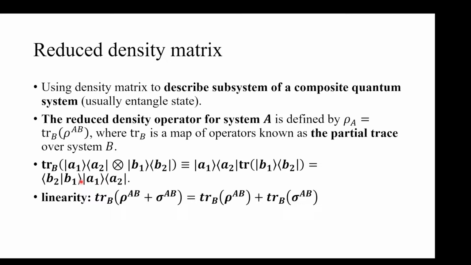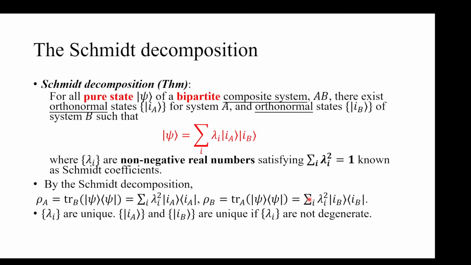But this is only defined on a matrix on A tensor a matrix on B. If you have a more complicated matrix, then you can calculate it by linearity: trace_B of (rho_AB plus sigma_AB) equals trace_B of rho_AB plus trace_B of sigma_AB. This is a reduced density matrix.